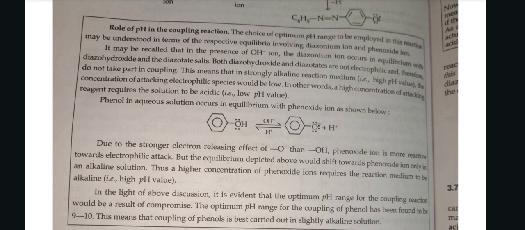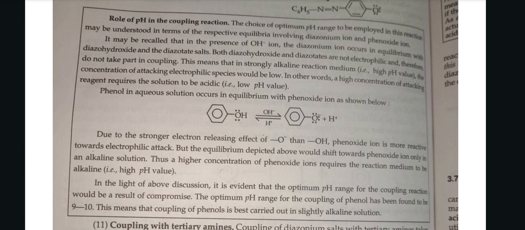Role of pH in coupling reaction. The choice of optimum pH range employed in this reaction may be understood in terms of the respective equilibria involving the diazonium ion and phenoxide ion. It may be recalled that in the presence of OH negative ion, the diazonium ion occurs in equilibrium with diazohydroxide and the diazoate salt.